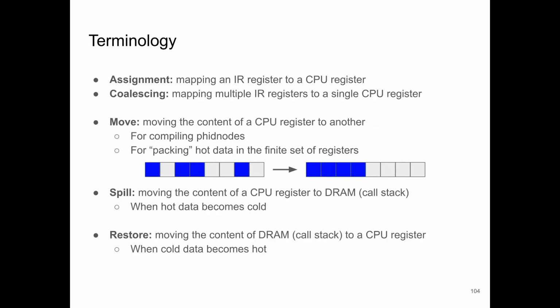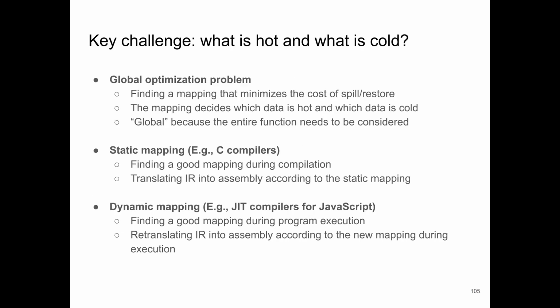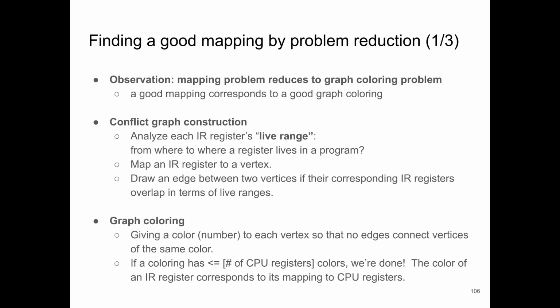And I'd like to make one comment about this reduction to the graph coloring problem. The paper proposing to reduce this register mapping problem into graph coloring is about 30 years old, published around 1990.